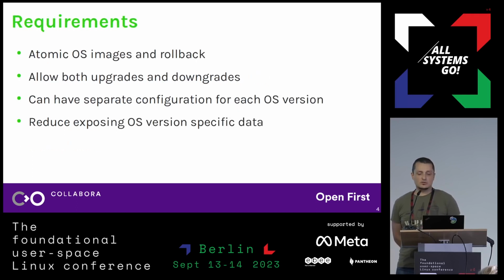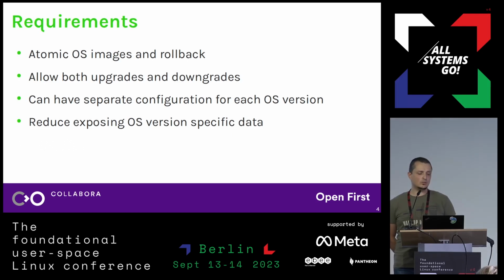Okay. So let's have a look at the requirements. As you can imagine, atomic images, not much to talk about here, apart from the fact that there is obviously an interest, as with any device, to have it fairly robust, and to have a mechanism where you can roll back either systematically or by user interaction or request.